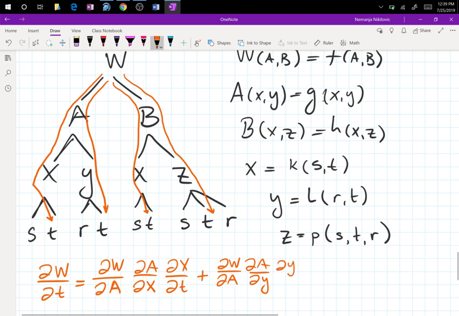And then finally partial Y, partial T. So you got to this T going all the way from W up there.